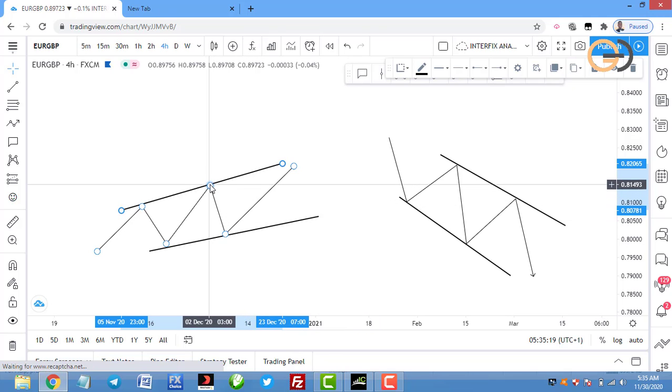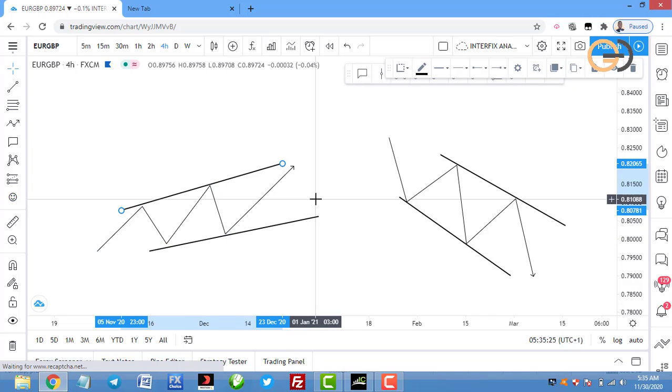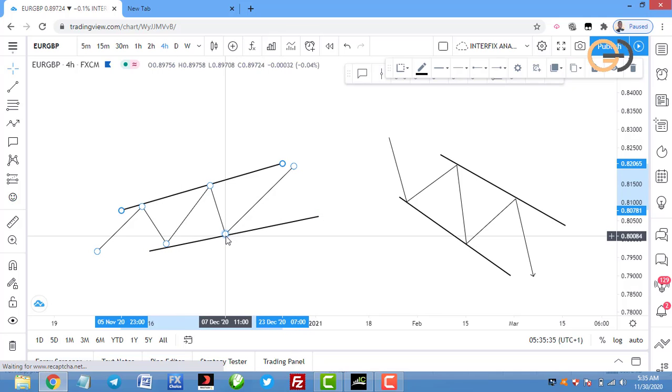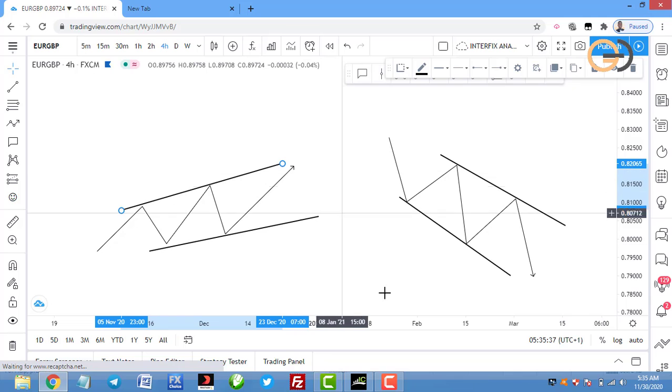You sell high, you buy low. But like I told you, in an uptrend you're not looking for sells, only buys, and the condition is the retracement has to be 50% of the previous move, not breaking the previous low, and then you can look for rejections and then continuation.